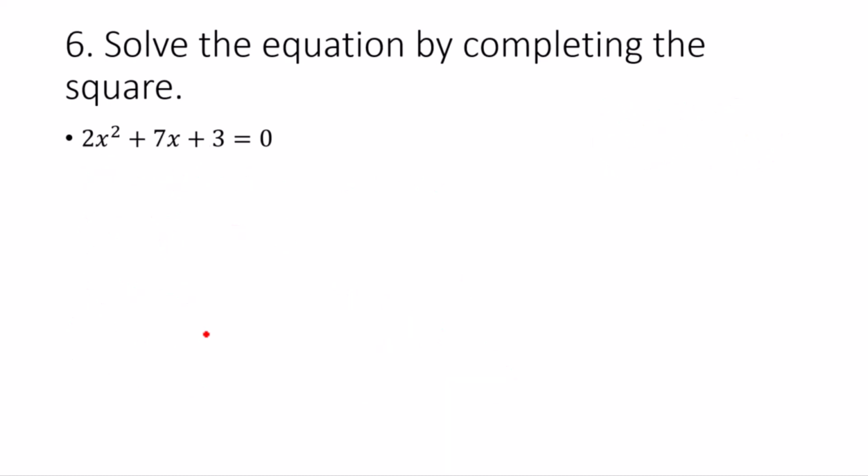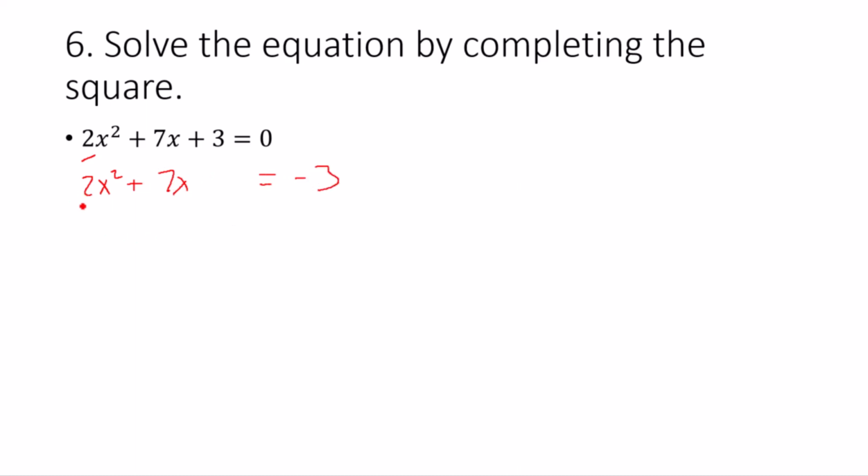Aha! Here's one where step 1 is not finished. Notice that we've got 2x squared. You don't want to work with that. So the first thing we need to do is divide things by 2, but let's get this 3 out of the way first. So 2x squared plus 7x equals negative 3.